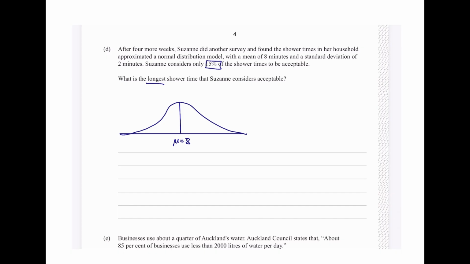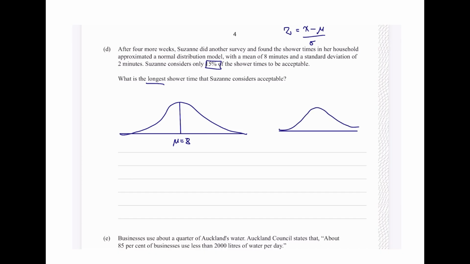Suzanne considers only 15% of shower times to be acceptable. So we don't actually have a clear value of x. If I remind you, we have this formula, z is equal to x minus mu over the standard deviation. In this case, we know the probability: 15% of shower times are acceptable. Because we're talking about shower times, obviously the lower the better, because we're talking about water shortages.